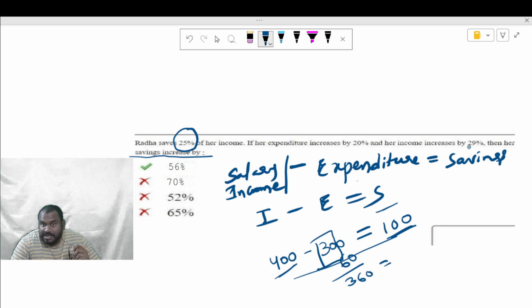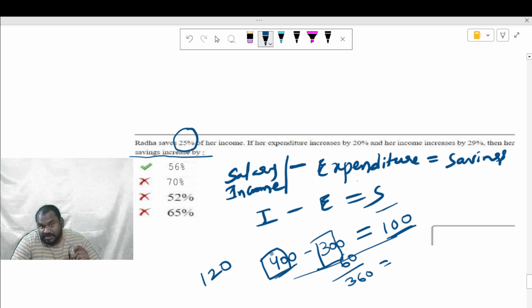And her income increases by 29%. To calculate 29%, don't do 20% and add 9%, or don't do 29% directly. Just do 30% and subtract 1%. 30% of this is 40 into 3, 120.